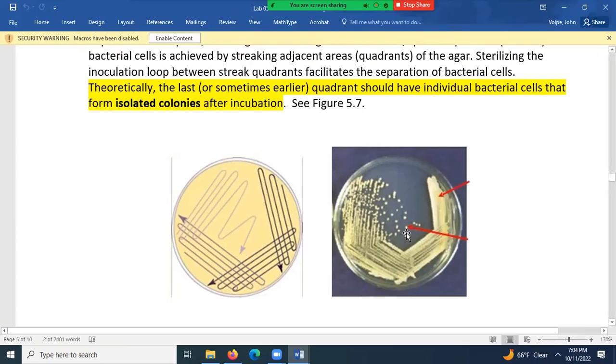And the second time it forms isolated colonies, you then pick up the cells from cells that went through 2 colony forming events, like this colony here, which came from another isolated colony on the first streak plate. And then your chance of this being a pure culture is very high. It's greater than 95%.